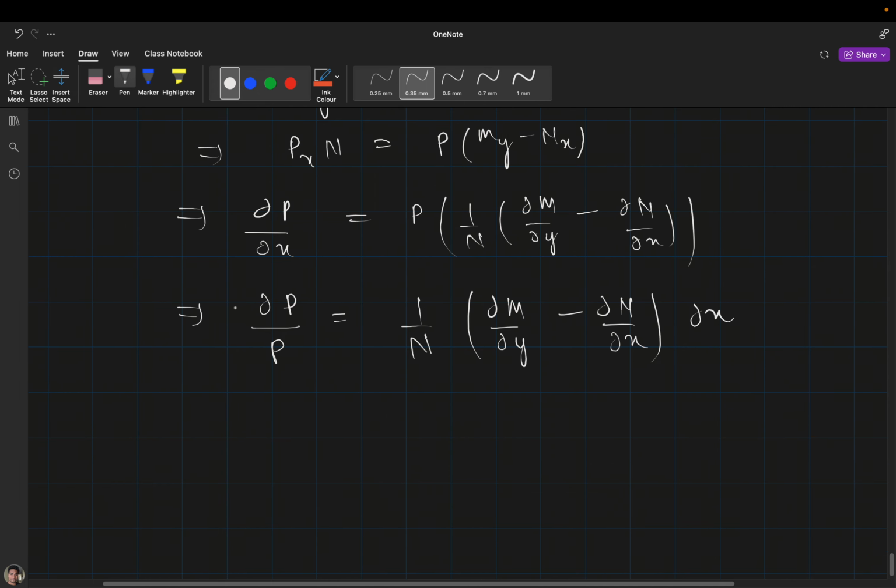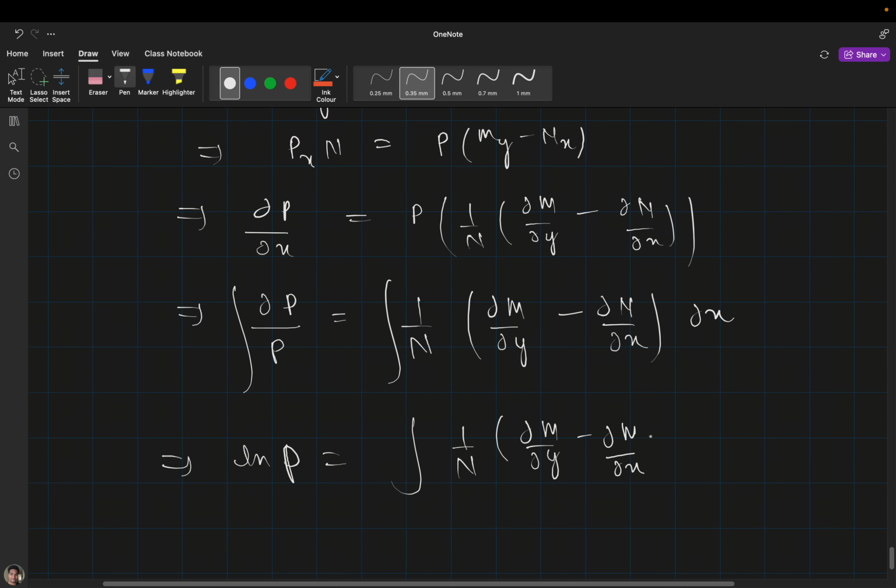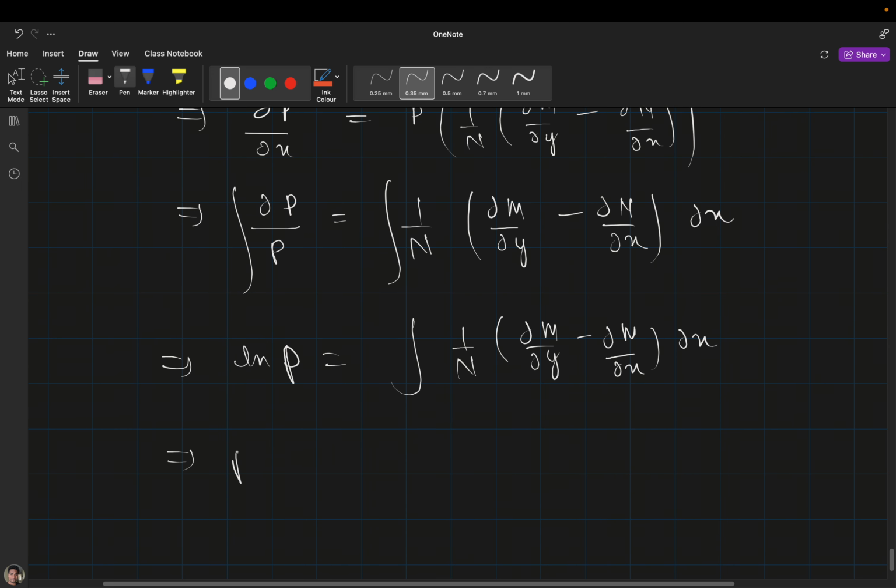Okay, integrate both sides, you will get ln P equal to 1 by n (del m by del y minus del n by del x). I can also write P equal to e raised to the power 1 by n (del m by del y minus del n by del x).